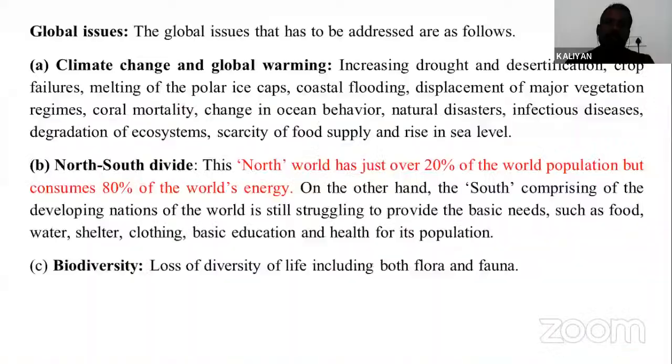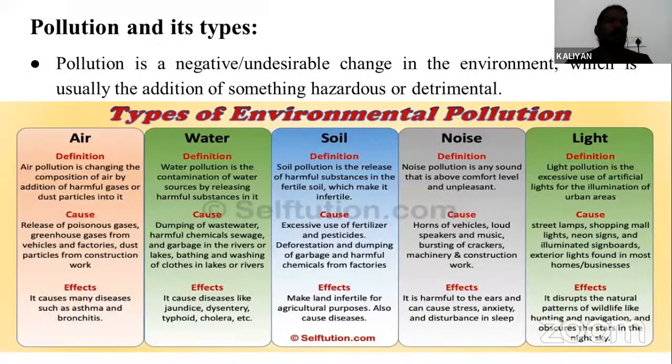And next are the types of pollution. Pollution is a negative or undesirable change in the environment, usually the addition of something hazardous or detrimental to the environment or ecosystem. The types of pollution are air, water, soil, noise, and light.